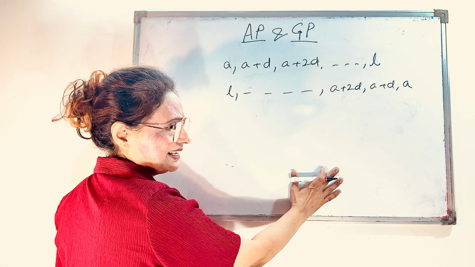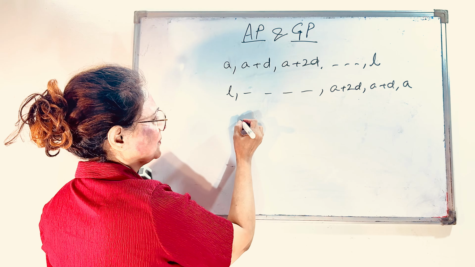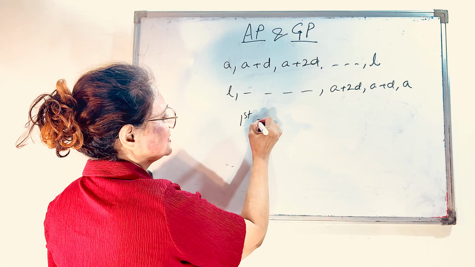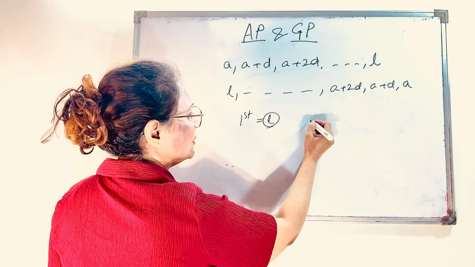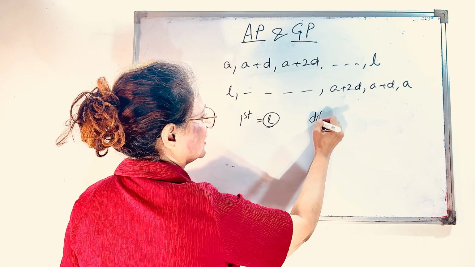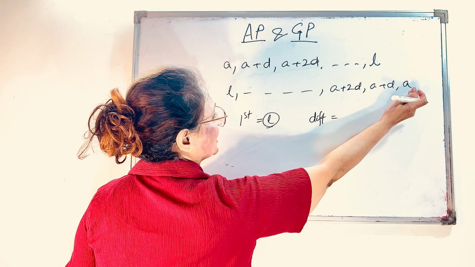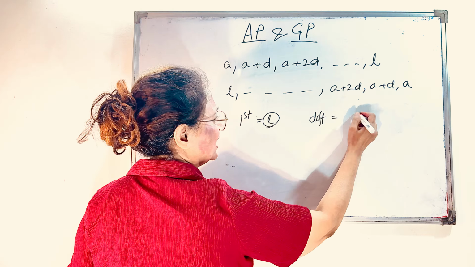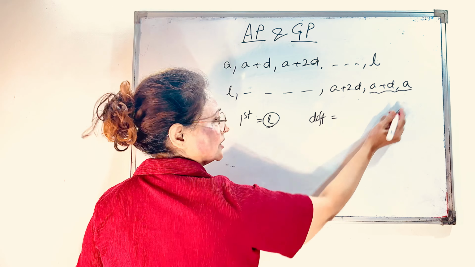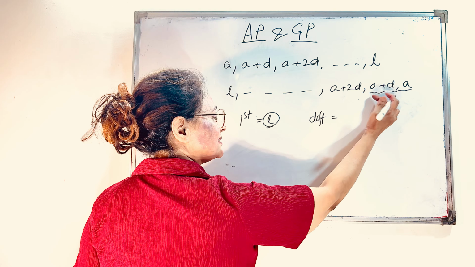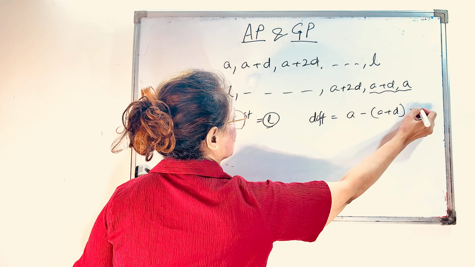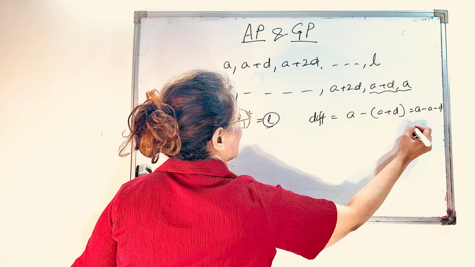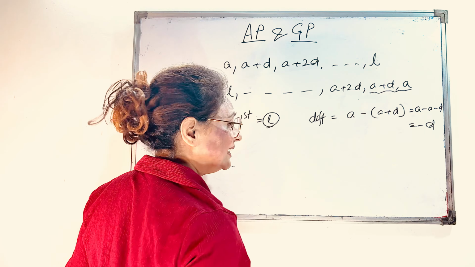Once you write it like this, the first term is l. And the common difference will be this minus this. Just go to the last two terms: last term minus the preceding term, a minus a plus d. When you open the bracket, you get minus d, right?